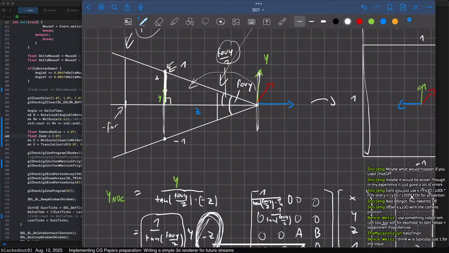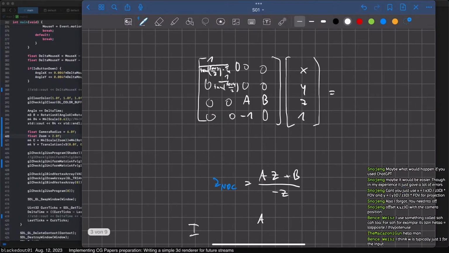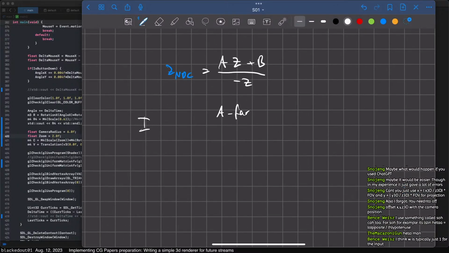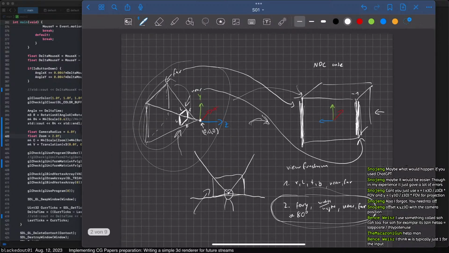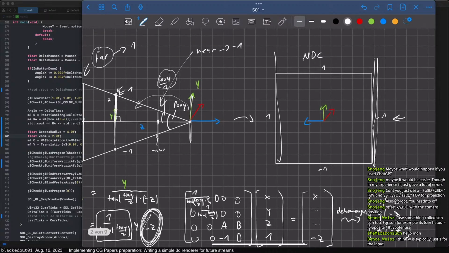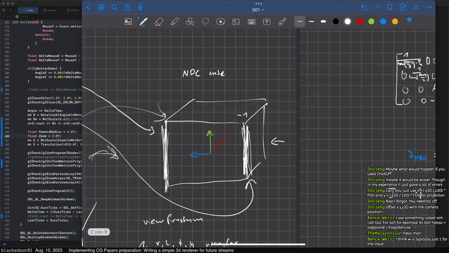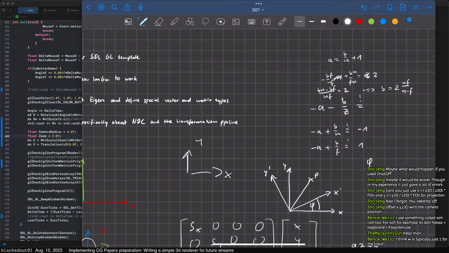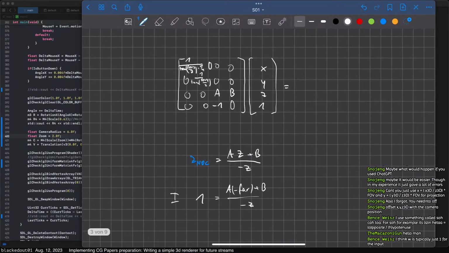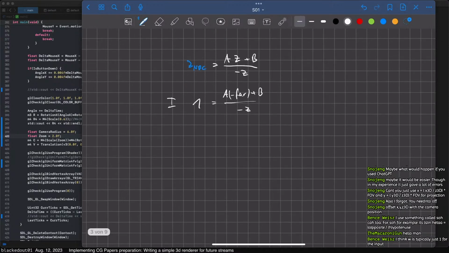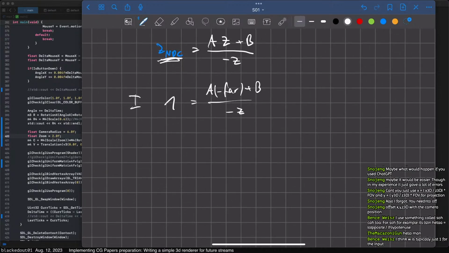And here, this is then minus near. So we have to plug in minus far here, plus b divided by minus z. And that should be equal to 1. And again, I hope I don't make a mistake. Yeah, I think that's right. So this is the first equation. We want the z coordinate in NDC coordinates to be 1 at the far plane.